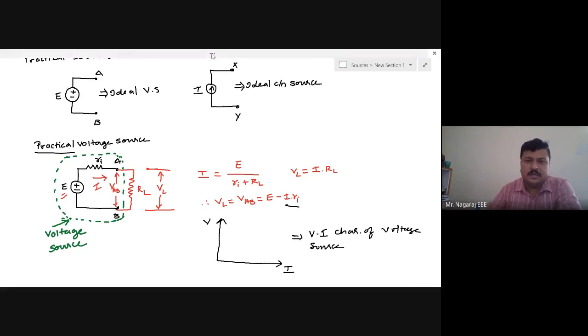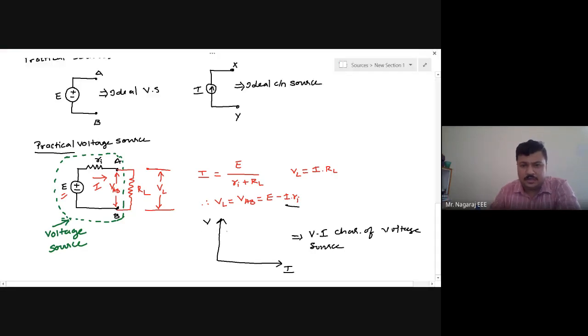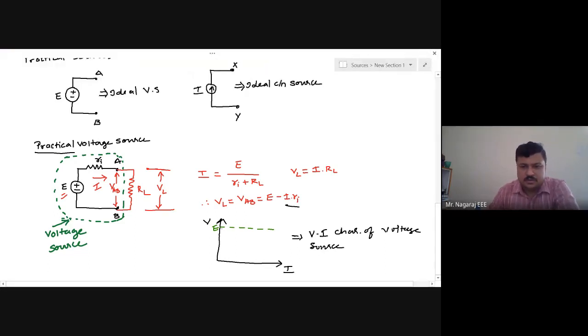Ideally, I expect the voltage value to remain constant, which is E volts. But practically, if you observe, it is decreasing.